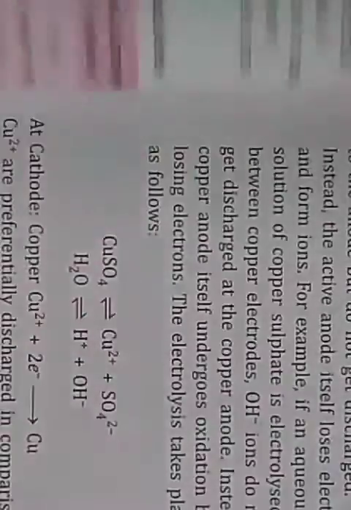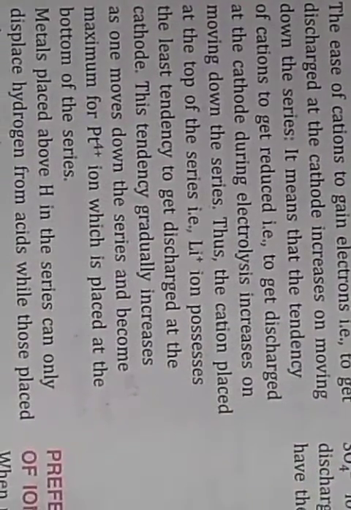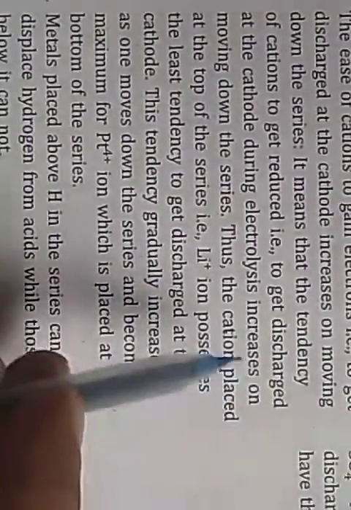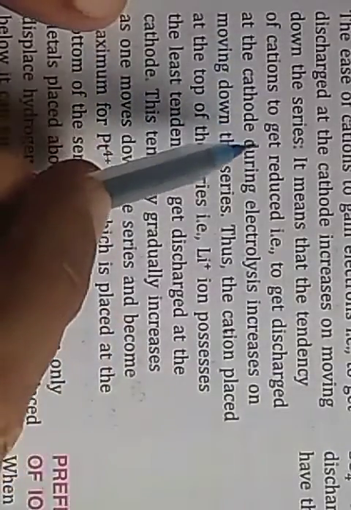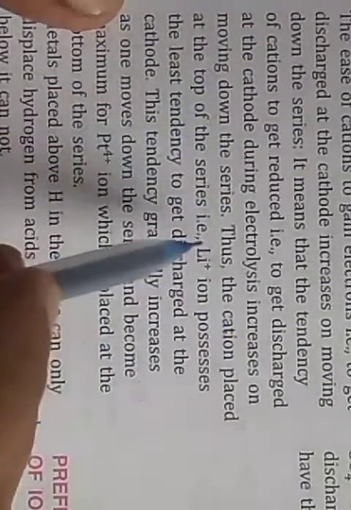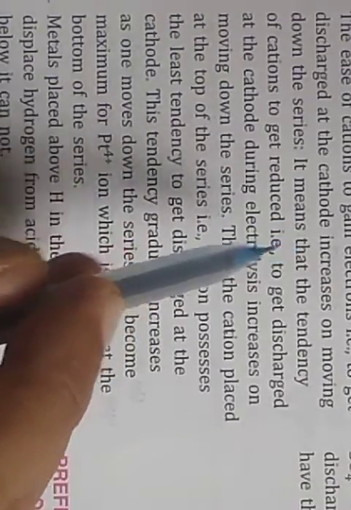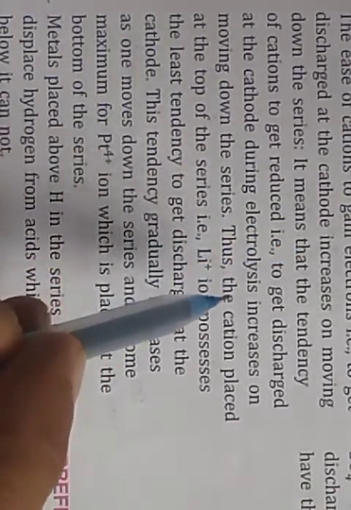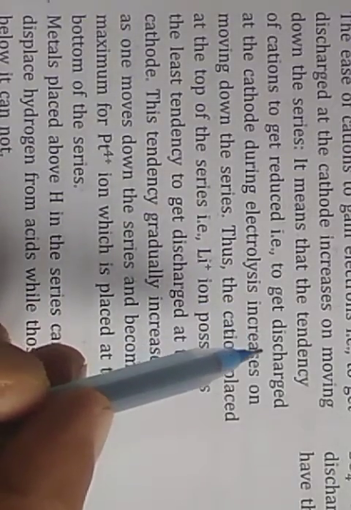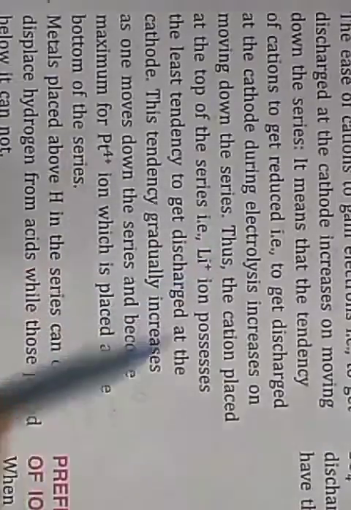So, next points are on page number 118. The tendency of cations to get reduced, that is, to get discharged at the cathode during electrolysis, increases on moving down the series. So, moving from top to bottom in an electrochemical series, the tendency of the metal to be discharged at the cathode during electrolysis increases.